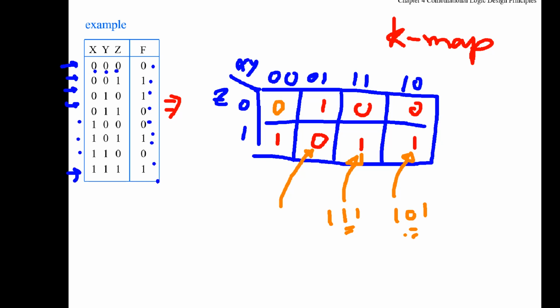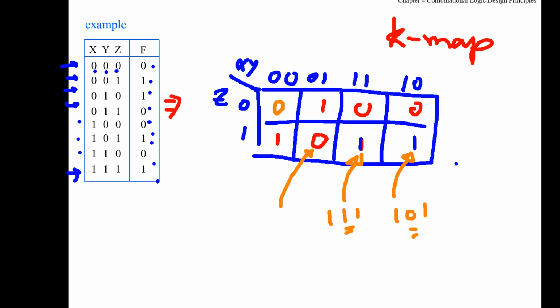Why? Because we write down the input values in gray code sequence, which differ in only one bit. So that means you can group the inputs that make logic 1 output with different only one bit easily.